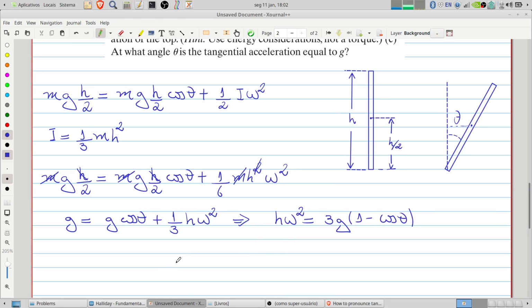Now remember that the radial acceleration is r, the radius, multiplied by the angular velocity squared. In this case, we have the radius equals h, so this term equals the radial acceleration.